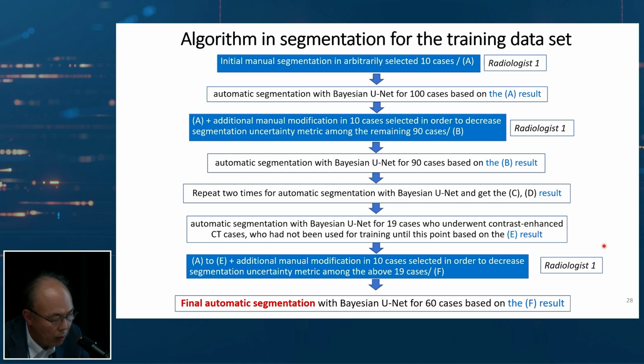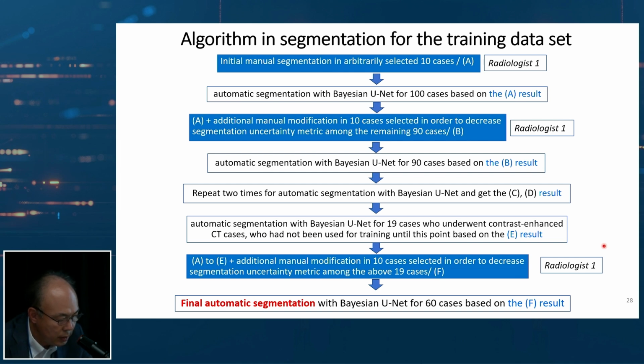This is our segmentation algorithm for the training data set. At first, 10 cases were manually segmented by radiologist 1. With these 10 cases, we developed the automatic segmentation algorithm with the Bayesian U-Net and applied it to 100 cases.